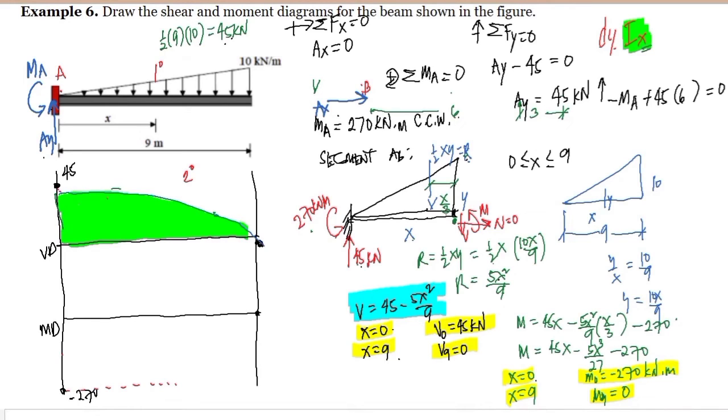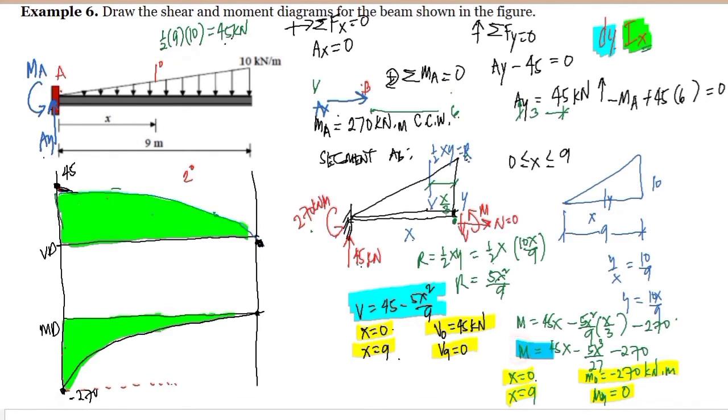Since we have here decreasing from 45 to 0, ibig sabihin we will be using the dy, no? I-bend natin yung y-axis. So this is the y-axis, therefore this is the curvature, no? Kung sa case naman na ito ay increasing, so x-axis naman i-bend natin, so ito naman yung magiging curvature natin, no? Okay, so this is our moment diagram.